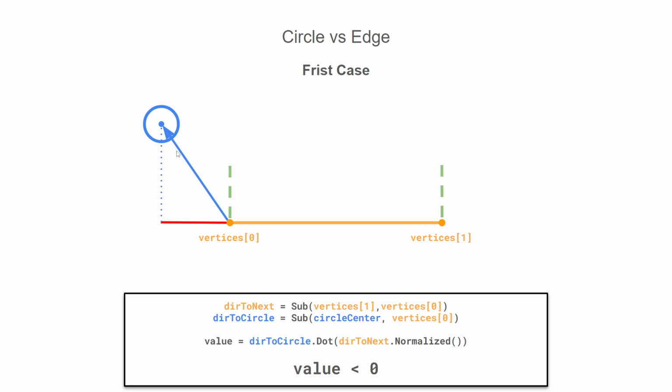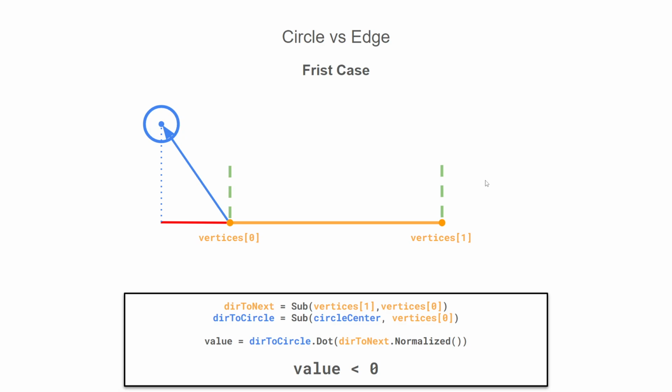Now we're going to project this direction vector onto this direction vector. Note that this direction vector here, the orange one, is normalized. And if you project this one onto the normalized one, then we get a negative value. This will be the negative value.